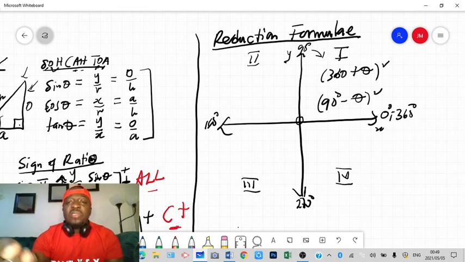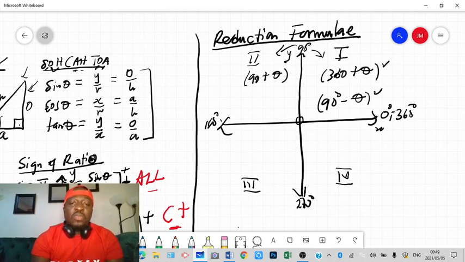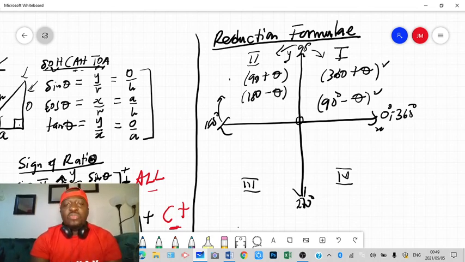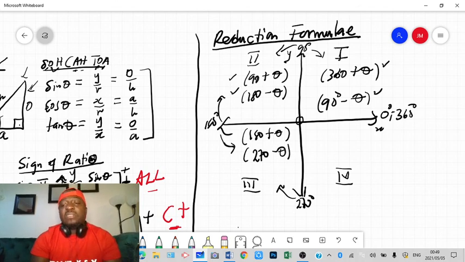Go to your second quadrant. When I move above 90 now, I'll have 90 plus theta, and below 180, I'll have 180 minus theta. That is the other two in the second quadrant. If we come to the third quadrant, above 180, I'll have 180 plus theta, and when I move below 270, I'll have 270 minus theta.